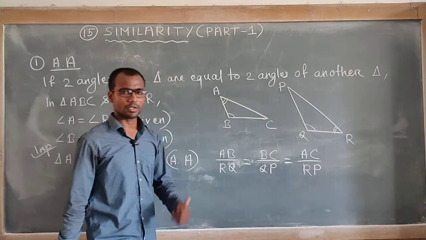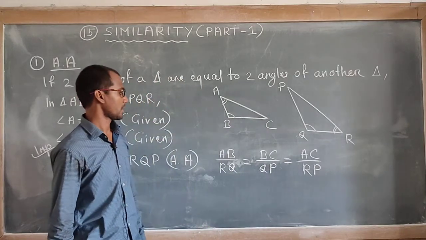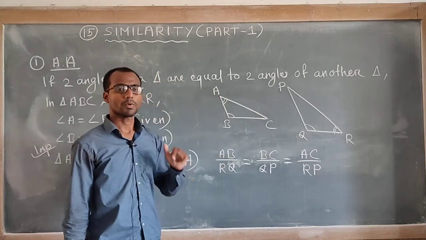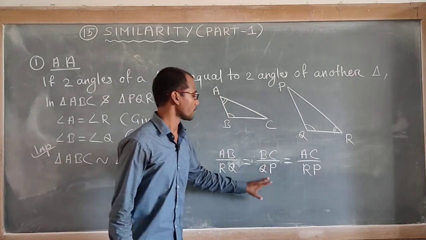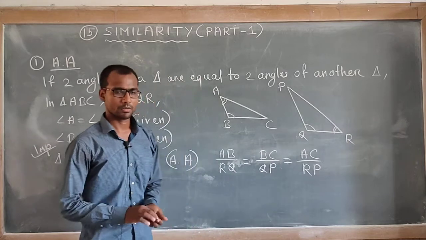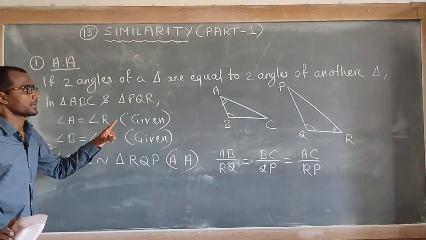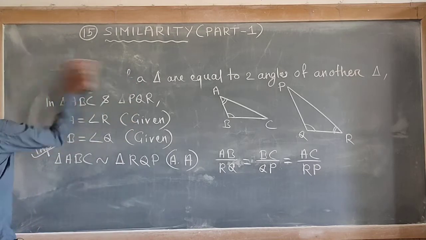So the corresponding sides will be proportional. AB, BC, AC of triangle ABC will be proportional to RQ, QP, RP of triangle PQR. So once you get the order, you get everything. This is angle postulate.